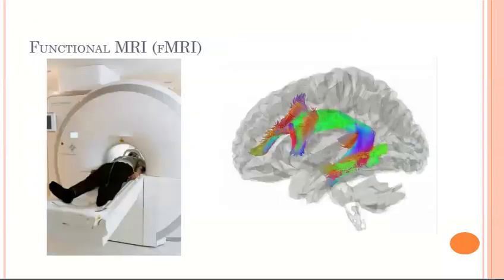Now, fMRI, functional magnetic resonance imaging, uses the same MR scanners, magnetic resonance scanners. But instead of capturing high resolution snapshots of brain structures, it measures brain function or activation while a subject performs some task.